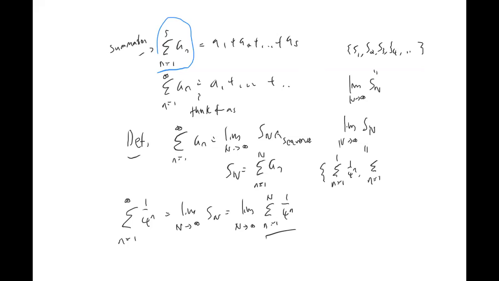S2 is this. S3 is this. So on and so forth. I'm just plugging in 1 here, 2 here, 3 here. Okay, so we could write it out. What is the sum 1 to 1 of 1 over 4 to the n?